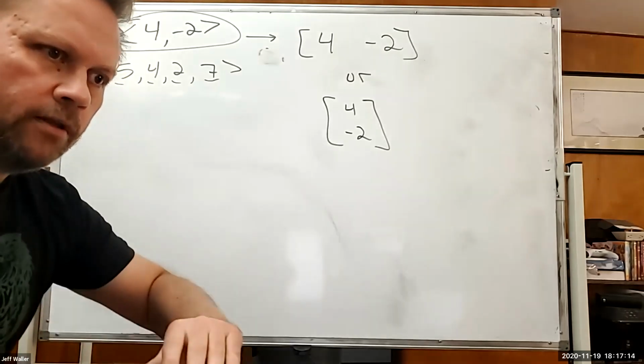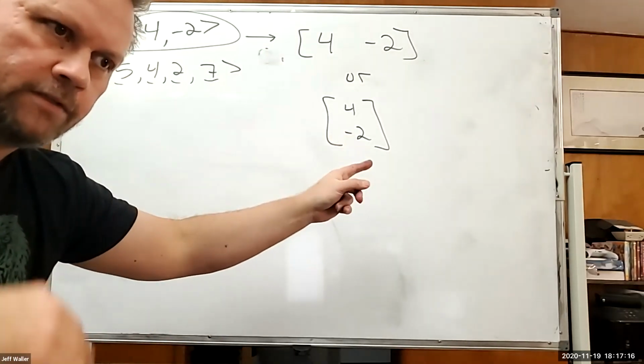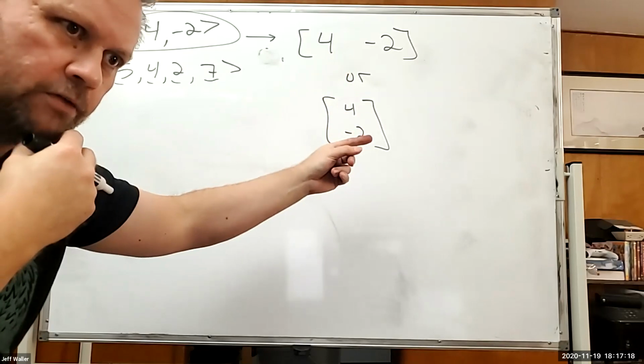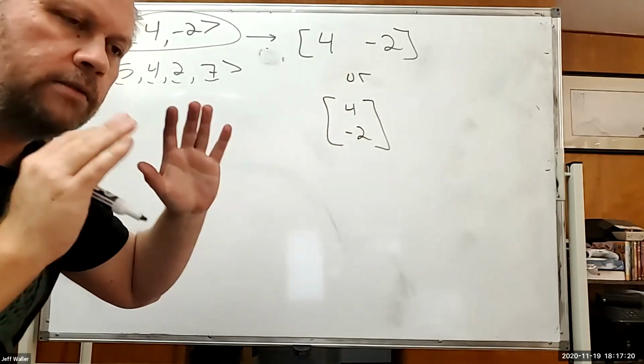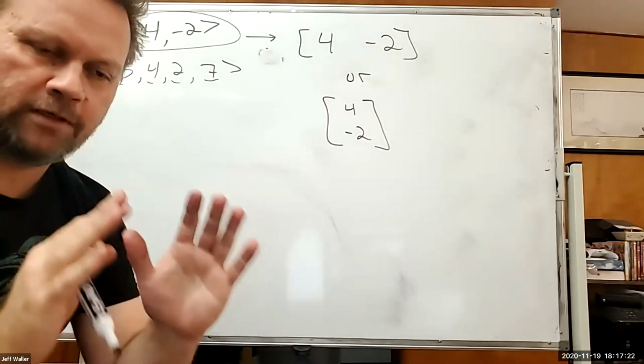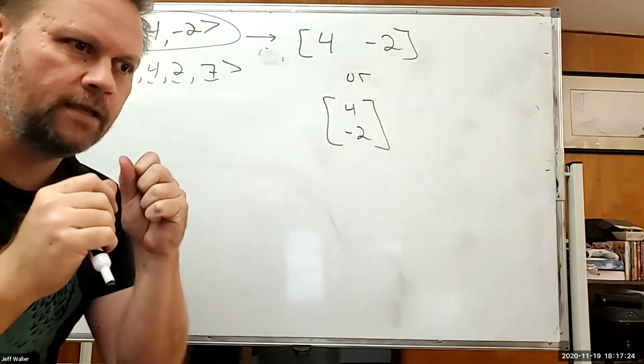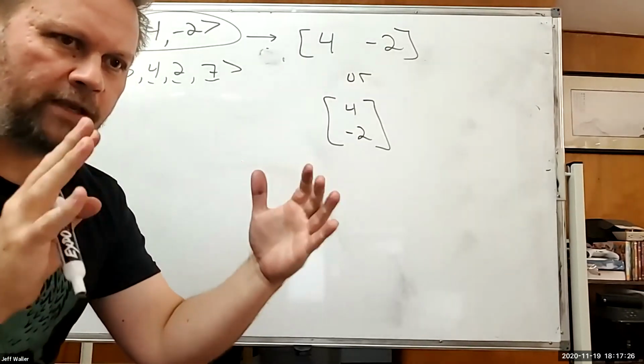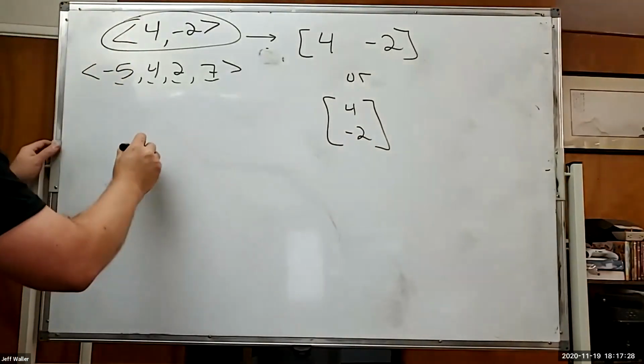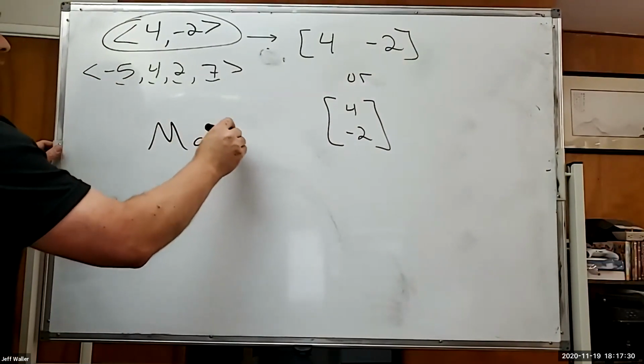There's another level above this. These are vectors written like this. One of the best ways to look at it is a whole bunch of vectors living in a house together, and of course it's called a matrix.